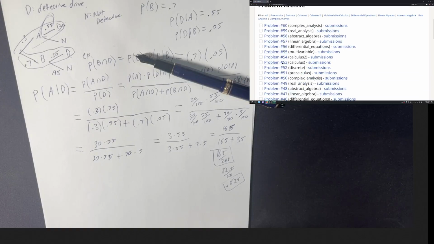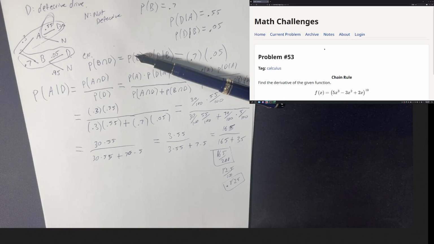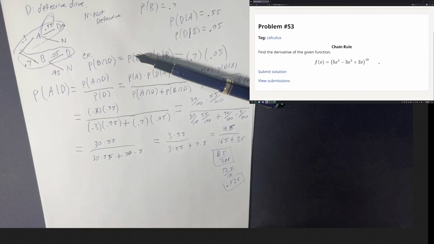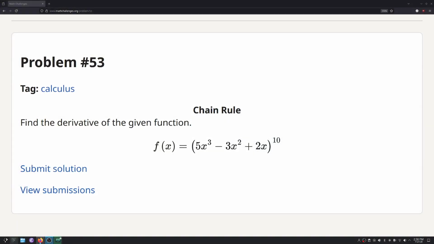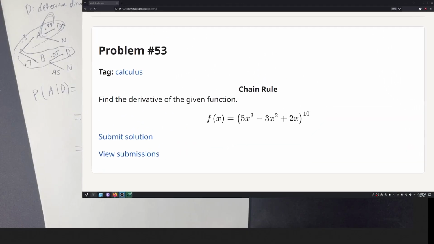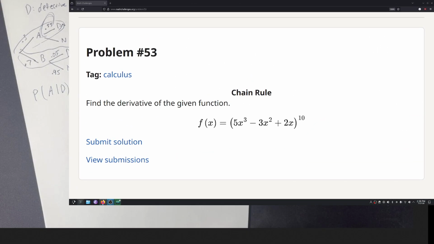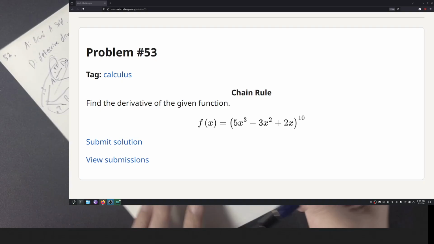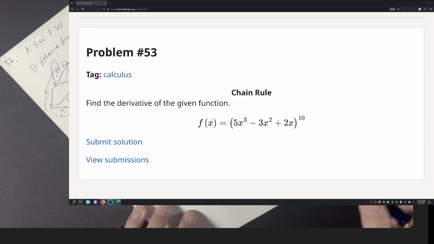Anywho, so 53, we are entering Calc 1. This one's very computational. I'll make it bigger so you can see it. Okay, so extremely computational question. So this one's mostly painless.